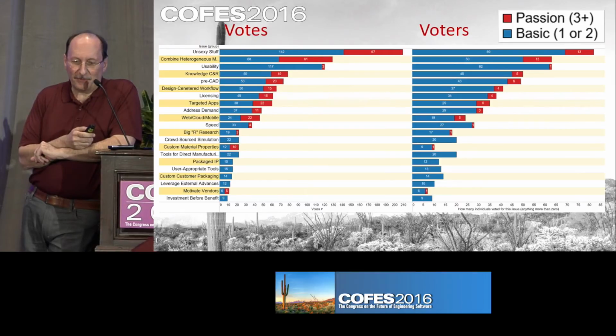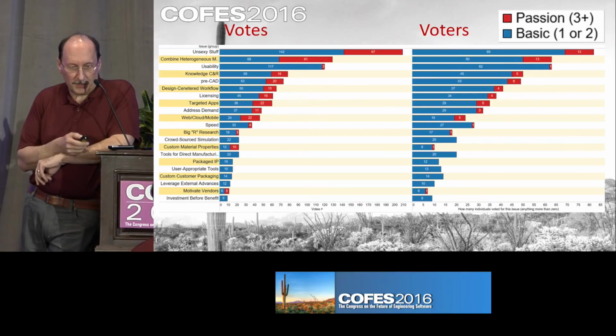But none of the other voters really felt passionate about it. But there was a lot of passion on a lot of different areas, particularly in those at the top. Now, also look at the number of votes that came from passionate users for Web Cloud Mobile.